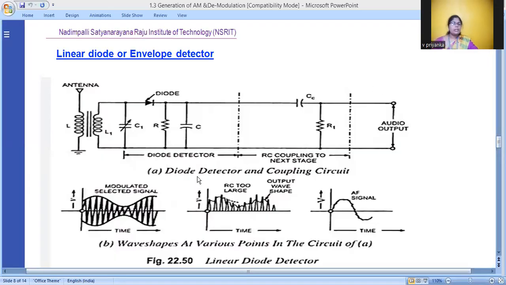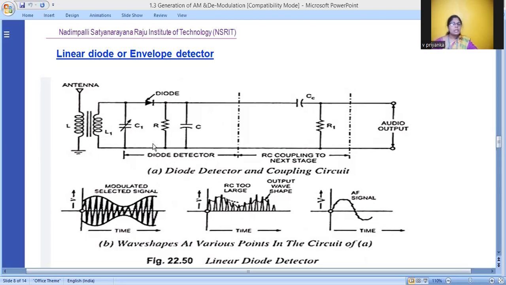Next, coming to the linear diode or envelope detector, its output is proportional to the voltage of the input signal.